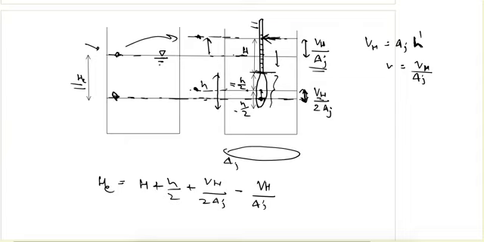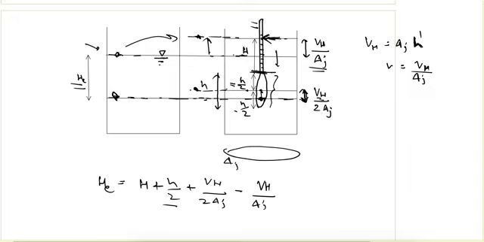So now we are trying to find out the actual level between the points. So h is the distance between the neck of the hydrometer and the point where the reading is being made, plus h by 2.